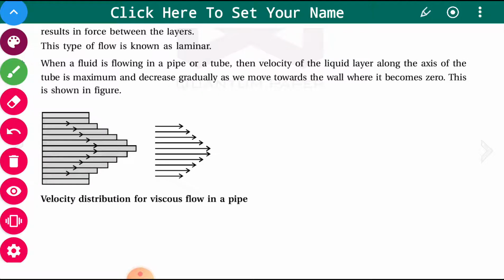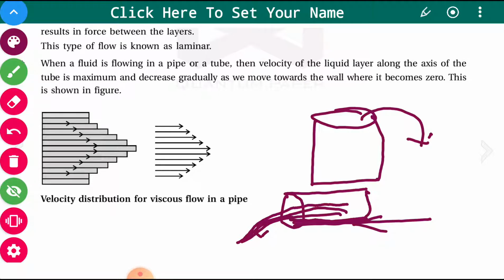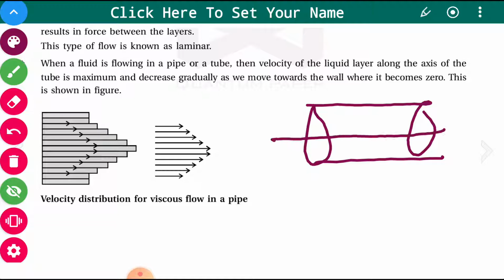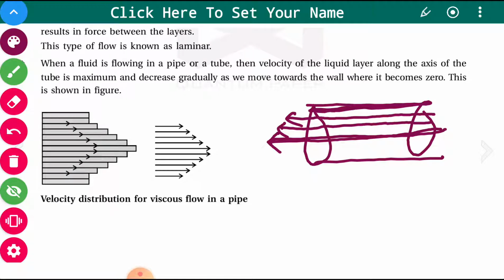Now if the fluid is flowing through the pipe, the layer on the axis will have the maximum velocity, while the layer in contact with the tube will have zero velocity.